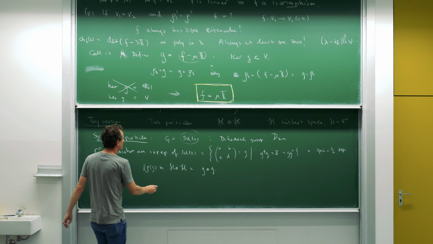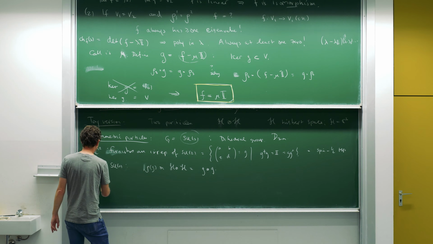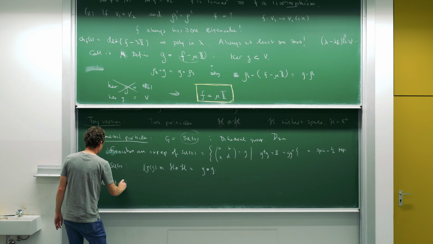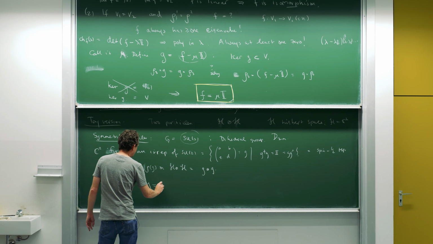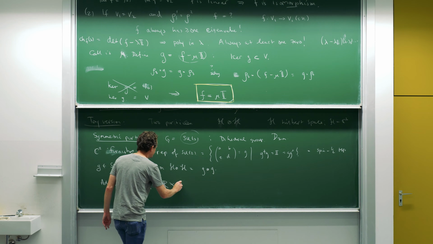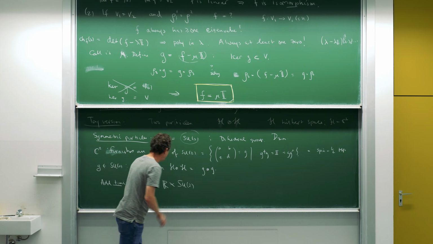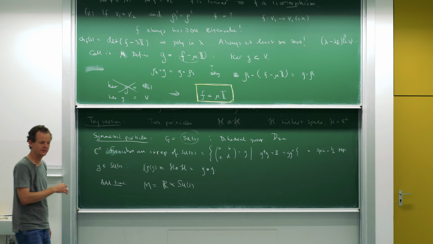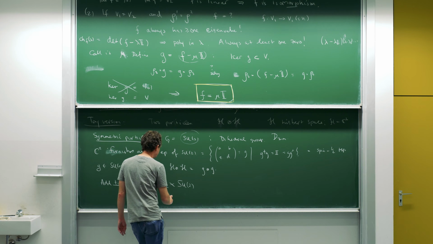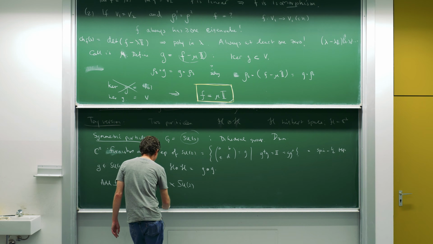Well, we have to choose a new group. And the new group that we build we'll call M, and it's just the real numbers cross SU2. So R represents time, and SU2 represents rotations.